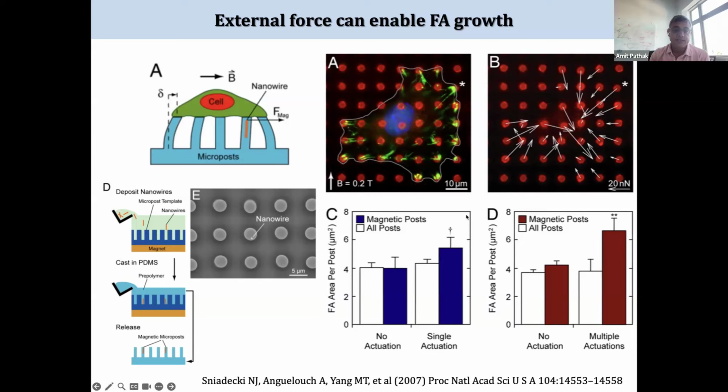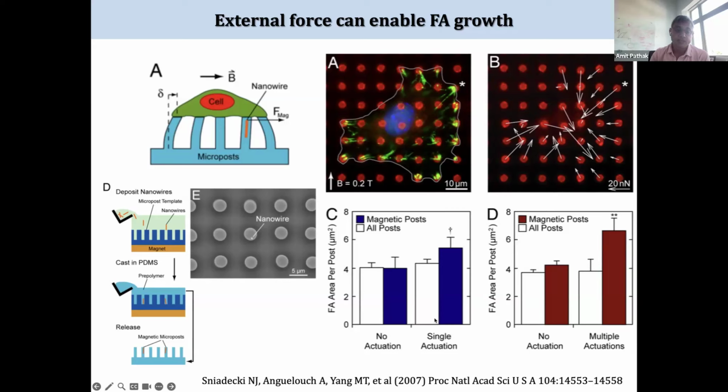But the point here is that if these focal adhesions are already made, and you apply a magnetic field, only one of these adhesions is going to move because of the nanowire underneath it. And if that focal adhesion increases its size or intensity higher than the other ones, it means force is directly affecting focal adhesions.